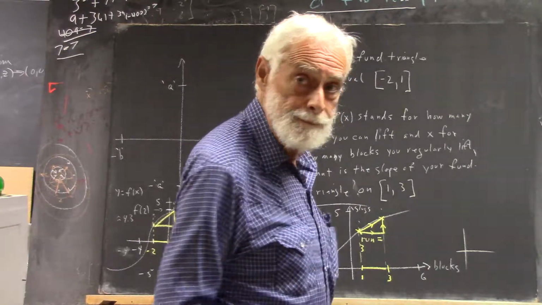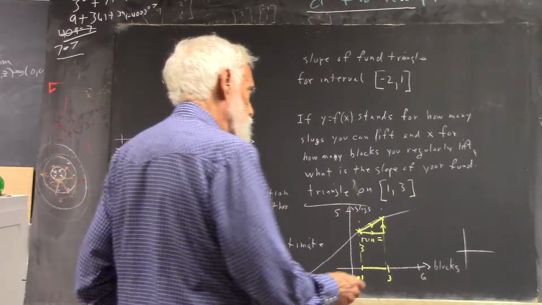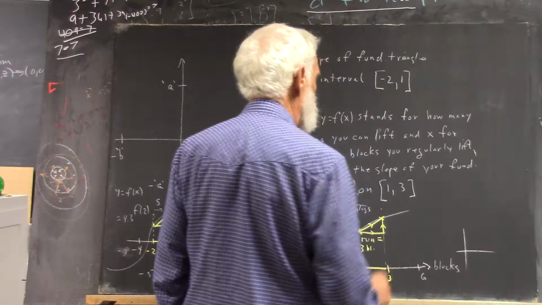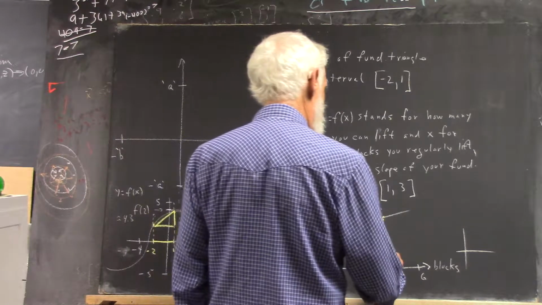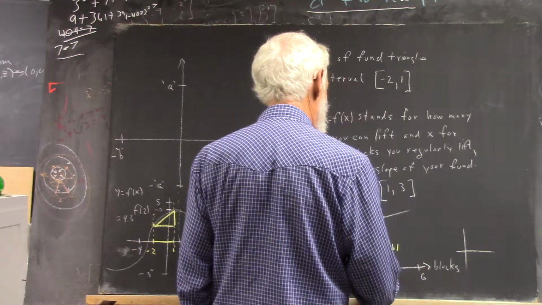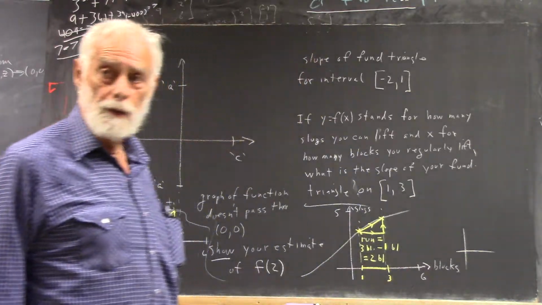Okay? So this is 3, I'll just use BL for blocks. So the run is 2 blocks.